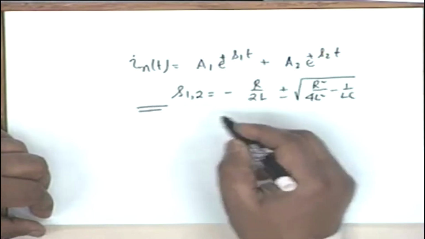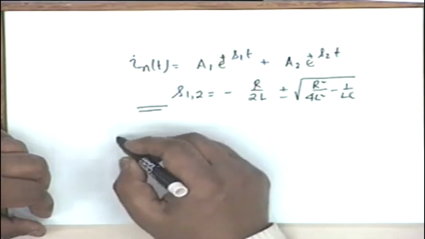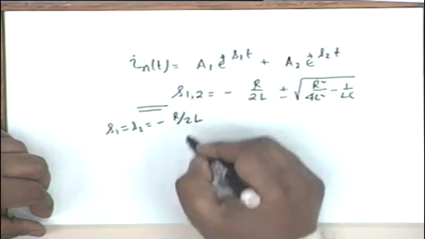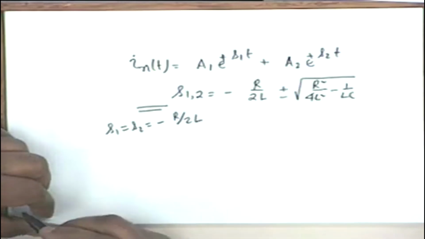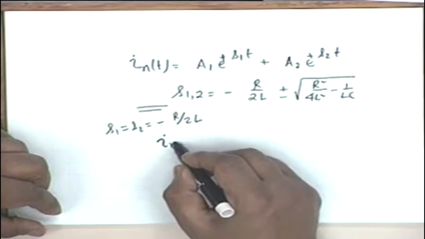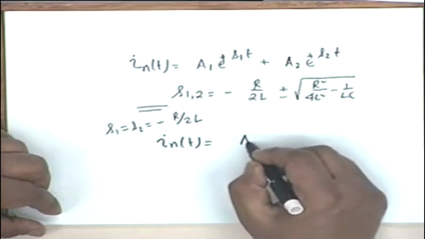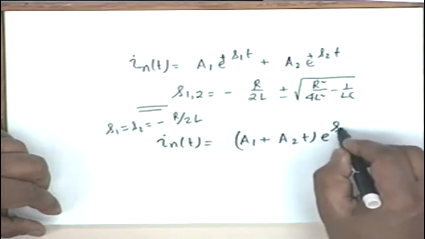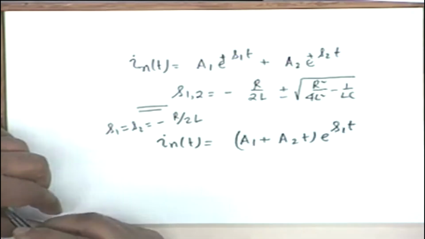On the other hand, if the roots are coincident, that is if S1 equal to S2 equal to minus R by 2L, the discriminant is equal to 0, then my natural response shall be A1 plus A2t times e to the power S1t.